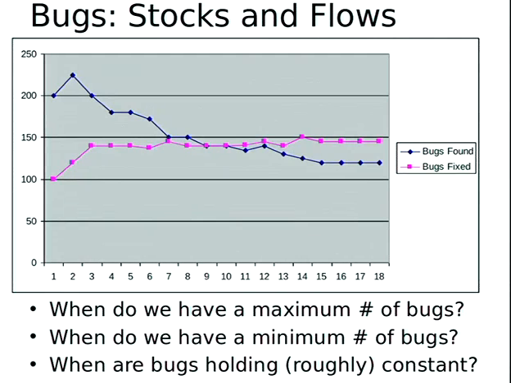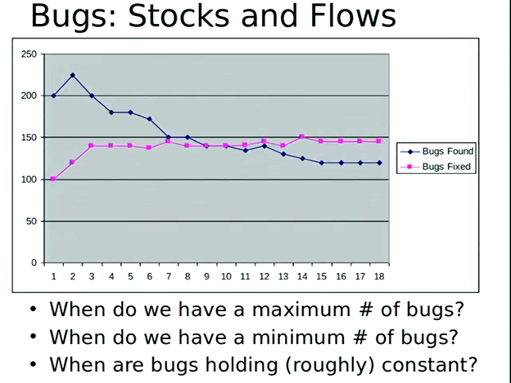Say these are triaged defects, so they're reported to the level where we're going to fix them, and some number fixed, shown in this lighter color at the bottom initially, which are the number fixed per week. When is the number of defects in the system at the highest level?